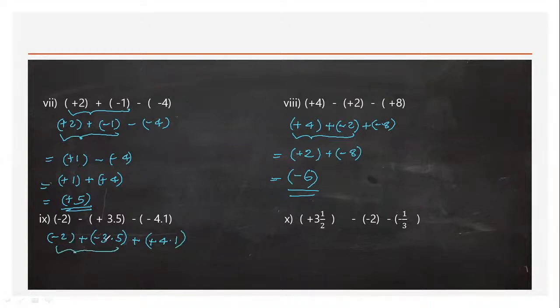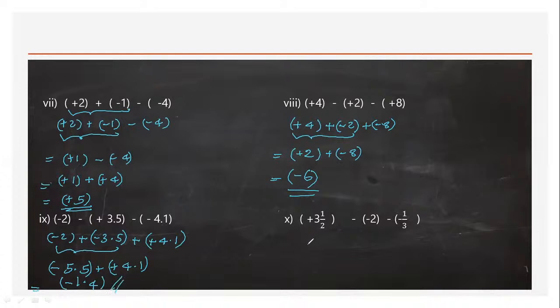No, not the difference, same signs you have to add. Minus 2 and minus 3.5, then minus 5.5 plus 4.1. Then we have to take the difference of this. When we add different signs, you have to take the difference. Then 1.4. But this one contains negative, so the answer is negative 1.4.